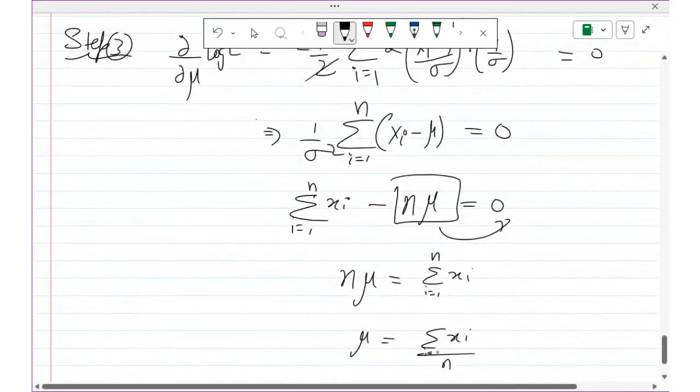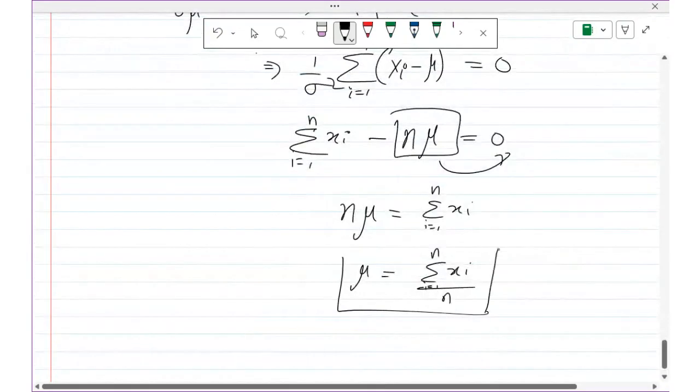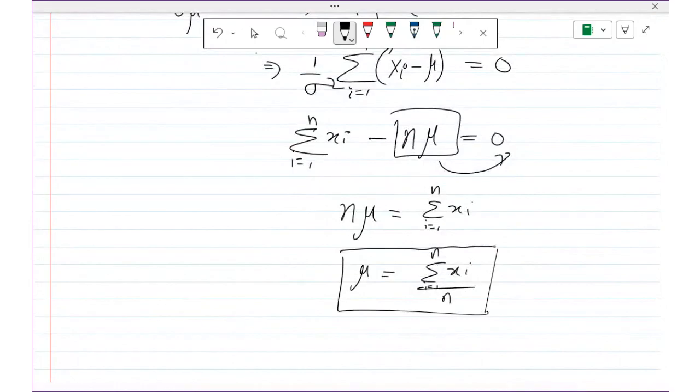So it means in the normal distribution also, the maximum likelihood estimator of the mean is the sample mean. If you want to guess the mean of a normal distribution, the best way is to find the mean of the sample, the mean of the observations, and that will be the maximum likelihood estimator of the population mean also.